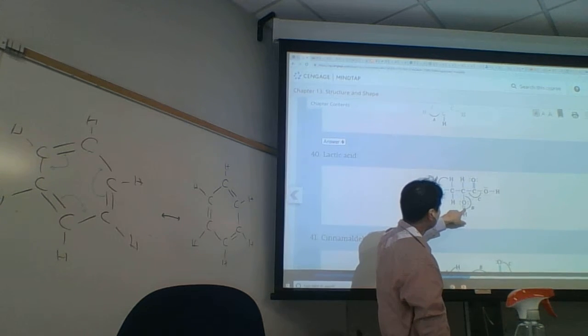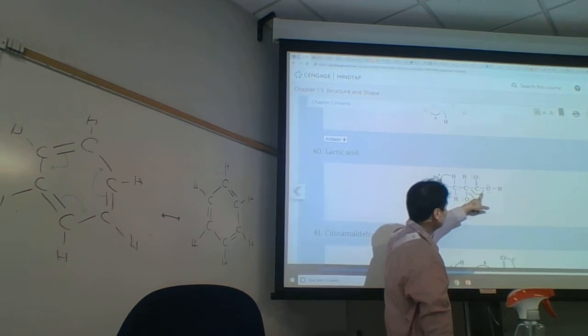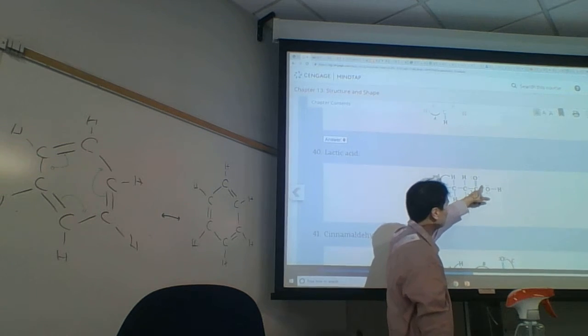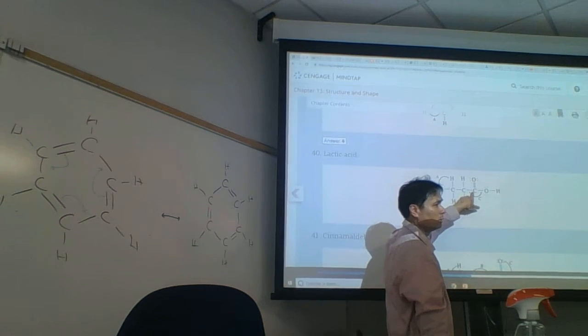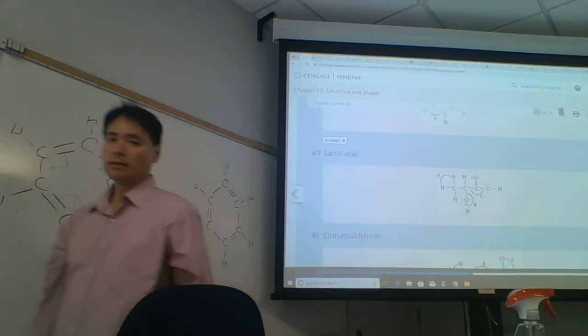Angle B, well, the EPG is tetrahedral. The MG would be bent at 109. C, trigonal planar, angle 120. So that's lactic acid.